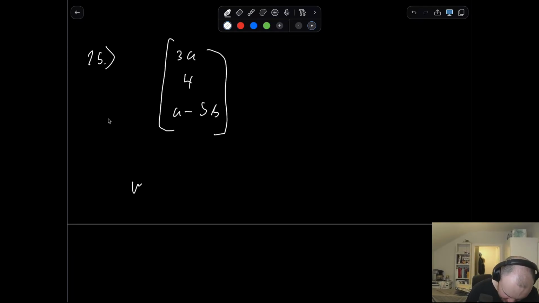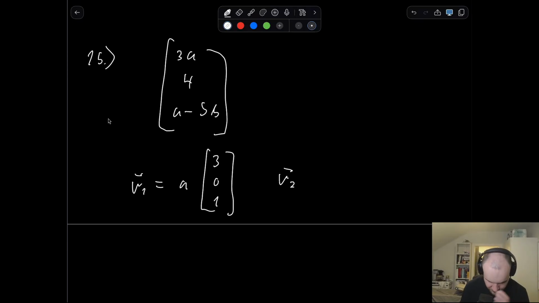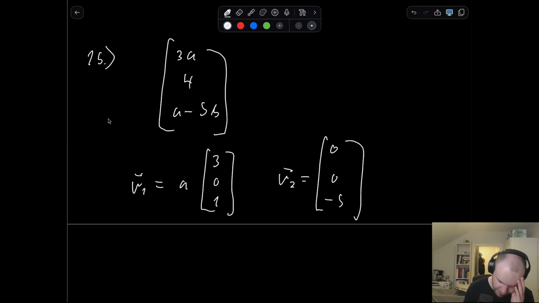Let's say if I had v1 here, and I put a in front, then I would have 3, 0 and 1. Then I'll have v2, and of course I would have 0, 0, and minus 5. And now you can see we can't satisfy the 4.